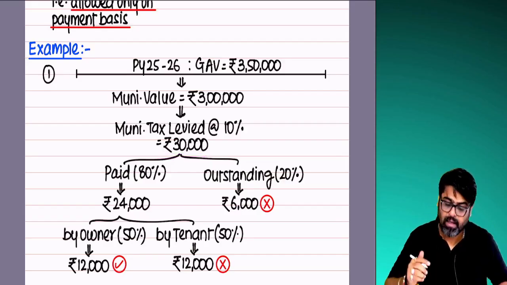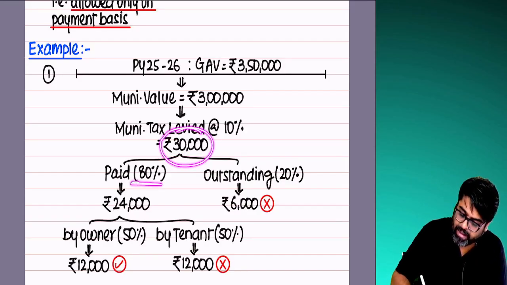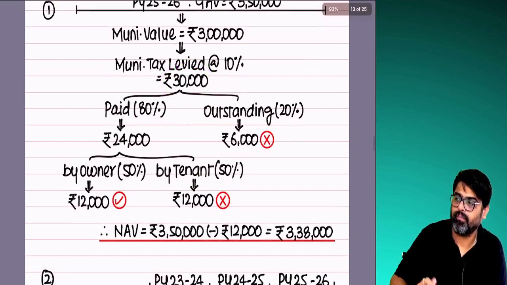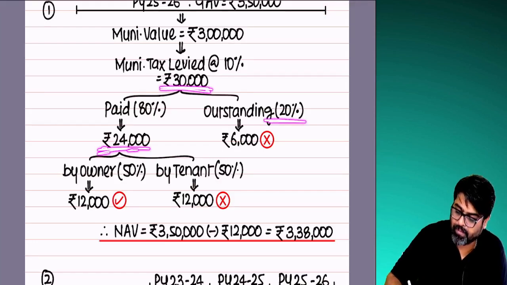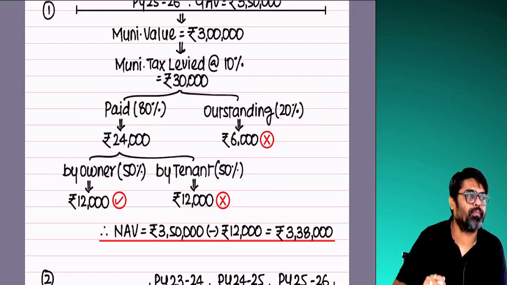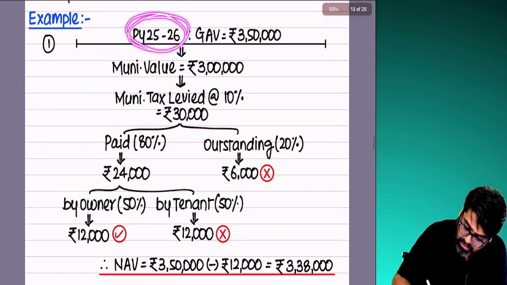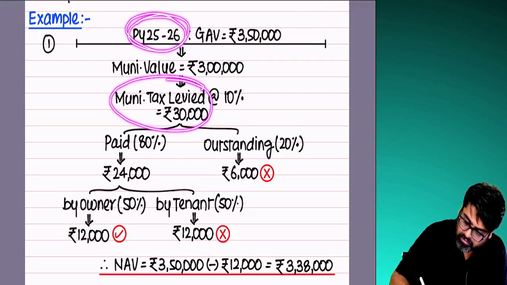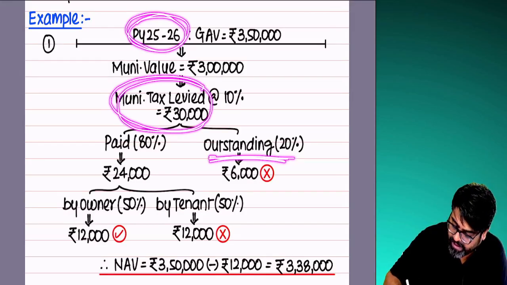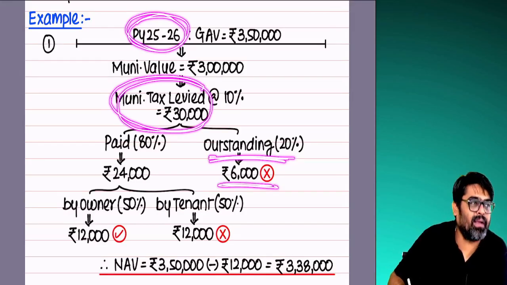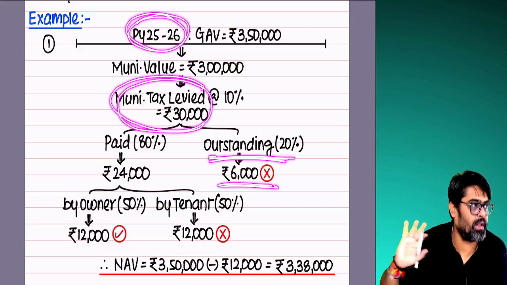Getting my point? Now tell me, out of this 30,000, 80% is paid. How much is paid? 24,000. And out of this 30,000, 20% is still outstanding, meaning 6,000 is outstanding. Now tell me, for this previous year, what was your municipal tax, and out of that how much is still outstanding? Will it be allowed? Ignore that.